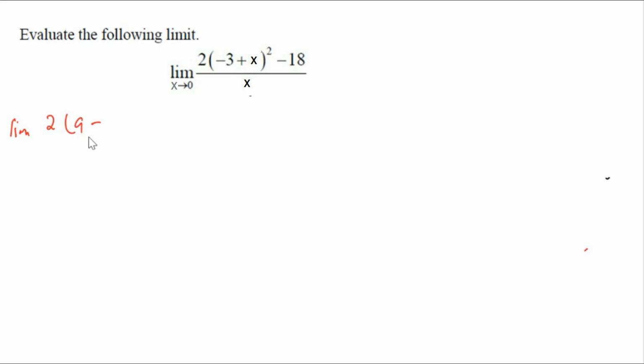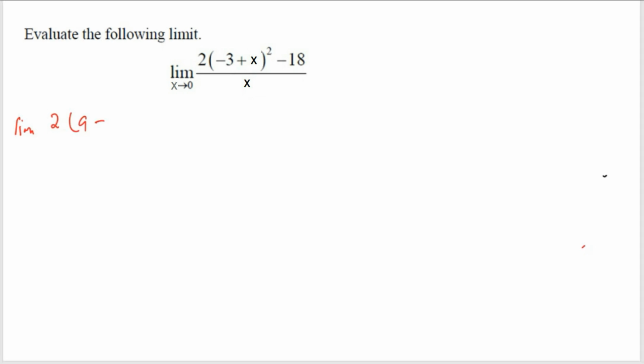So the first term is the square of the first term, so we have 9. Then the middle term is twice the product of the two terms. So negative 3 times x is negative 3x, so twice that becomes negative 6x, plus the square of the last term, x squared, minus 18 all over x as x approaches 0.